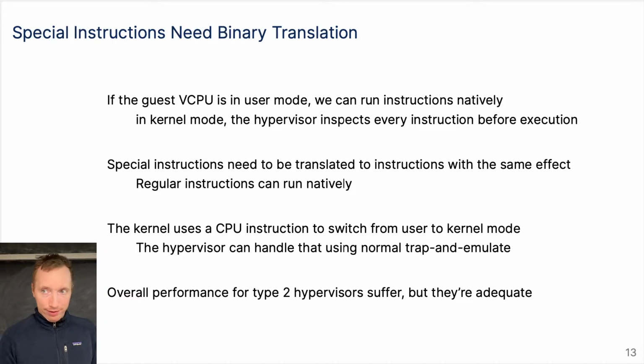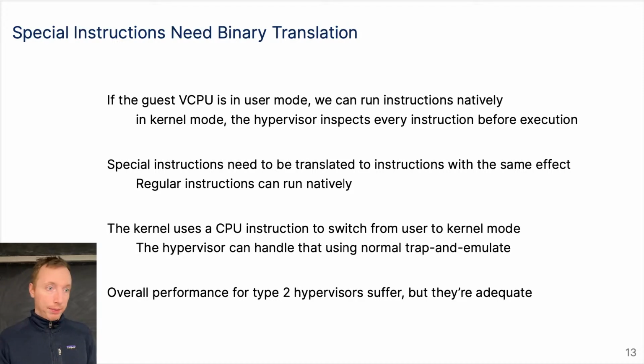This is going to be a slowdown. Another thing: you can tell when the guest expects to be in kernel mode, because there's going to be an instruction that switches from user mode to kernel mode, and that would generate a normal trap, which would be an illegal instruction.